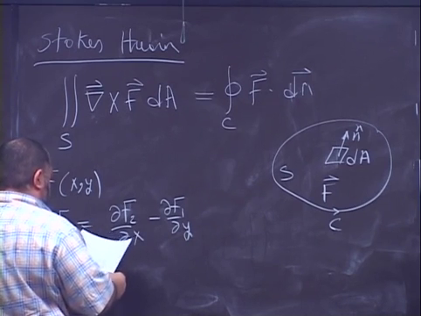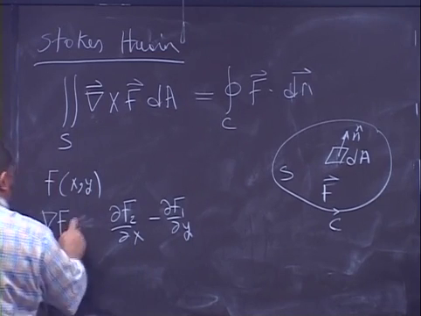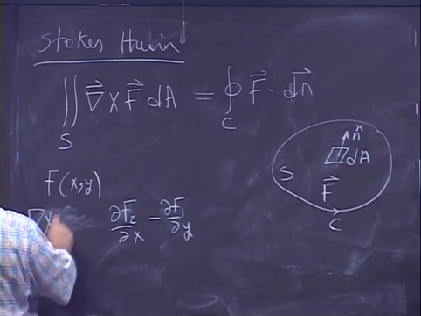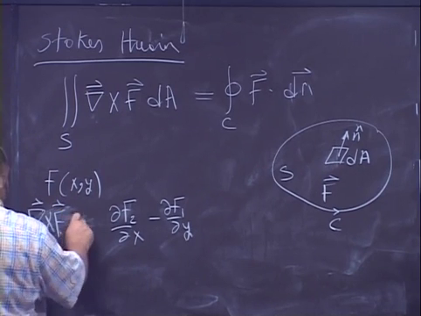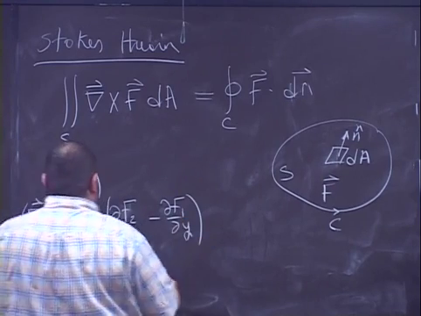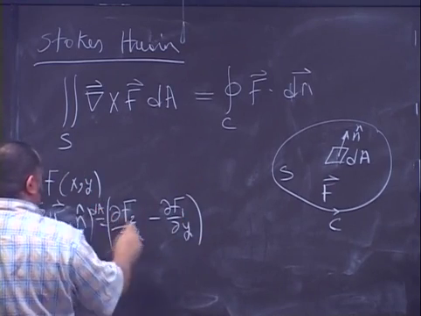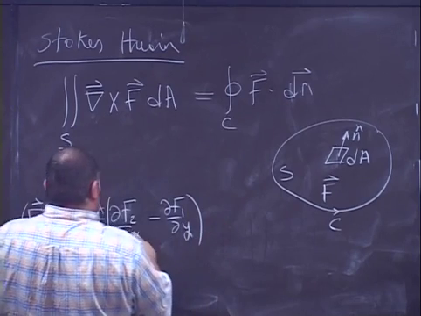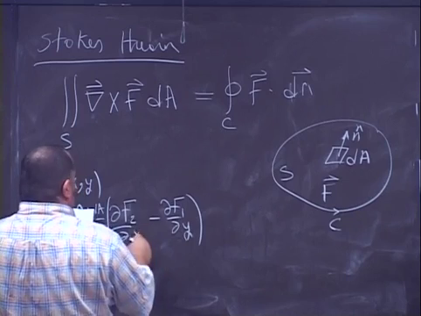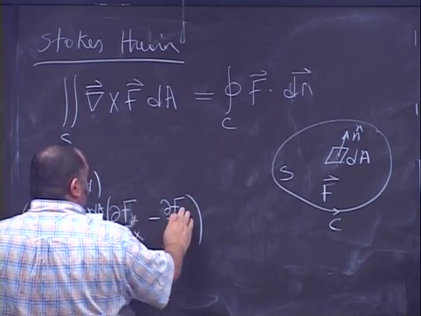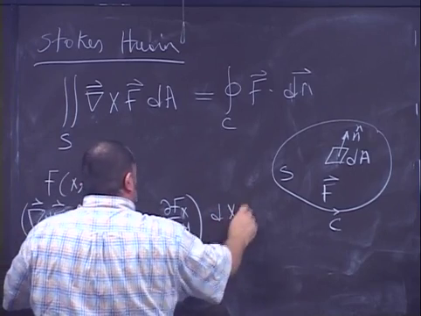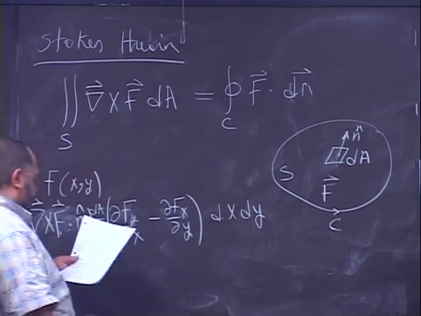If you have this curl of f dotted with the unit normal and multiplied by area dA, this will give you just dFy by dx and dFx by dy, times dx dy.